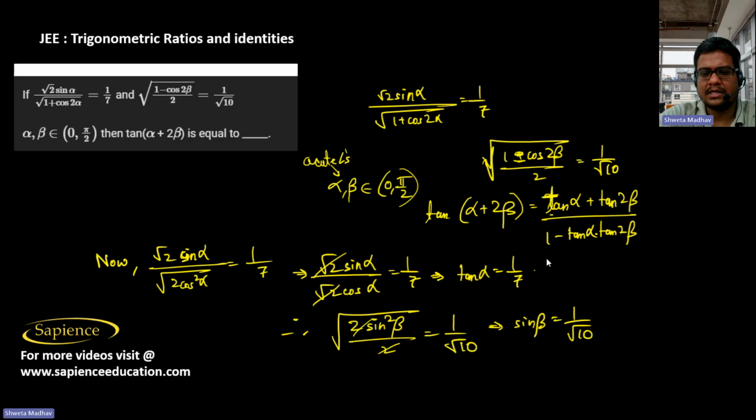So here sine beta we got 1 by root 10 and tan alpha we got 1 by 7.